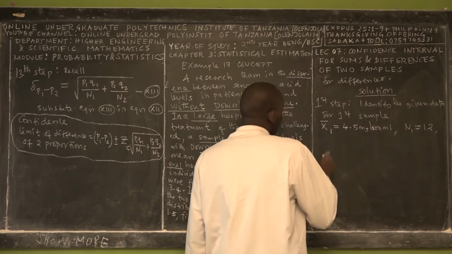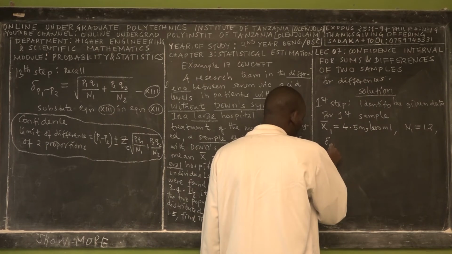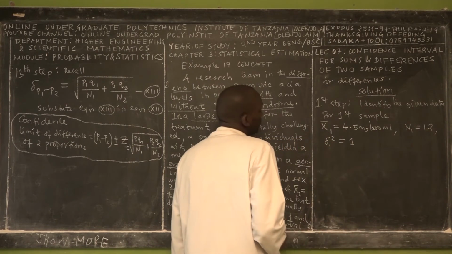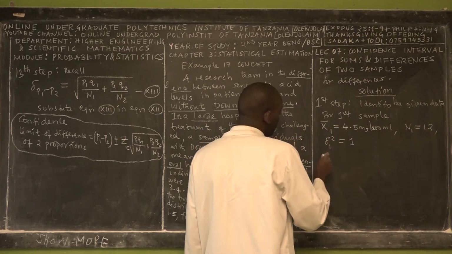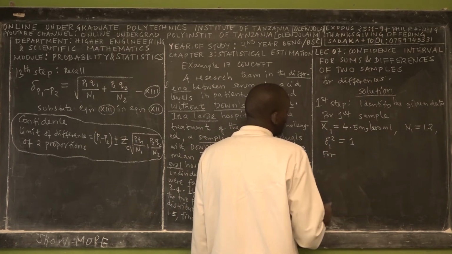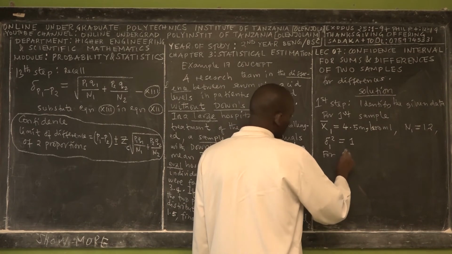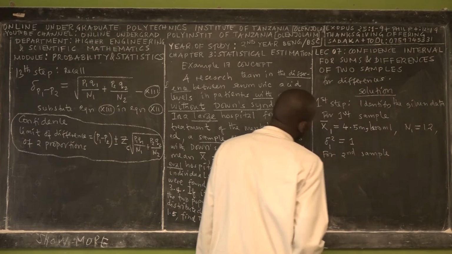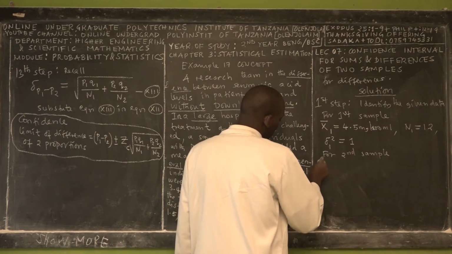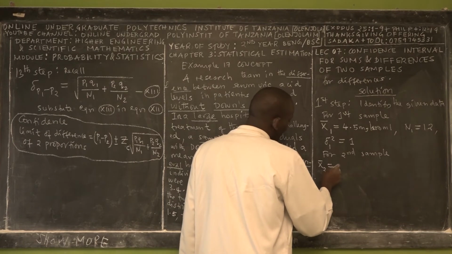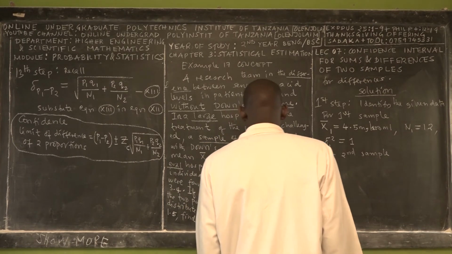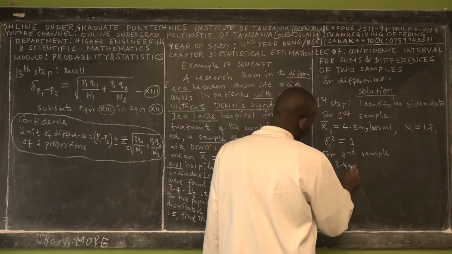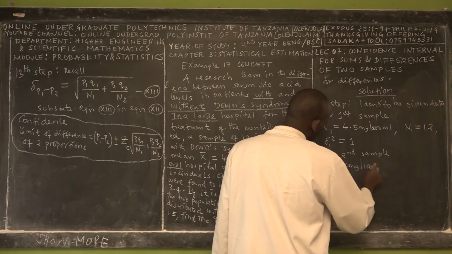So the variance 1 is equal to 1. This is for the first sample. For the second sample, the mean is 3.4 milligrams per 100 milliliters.